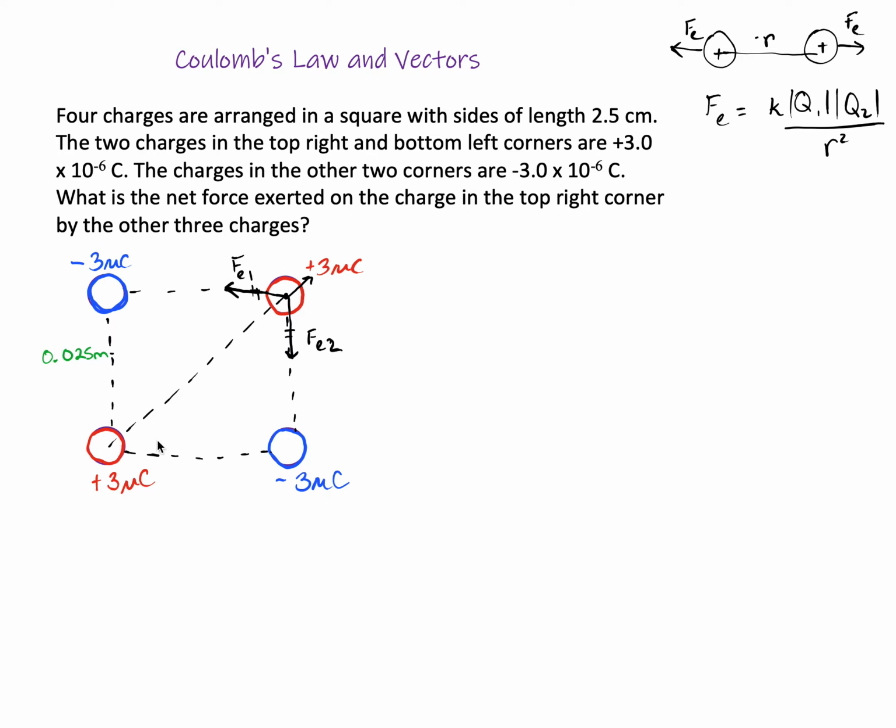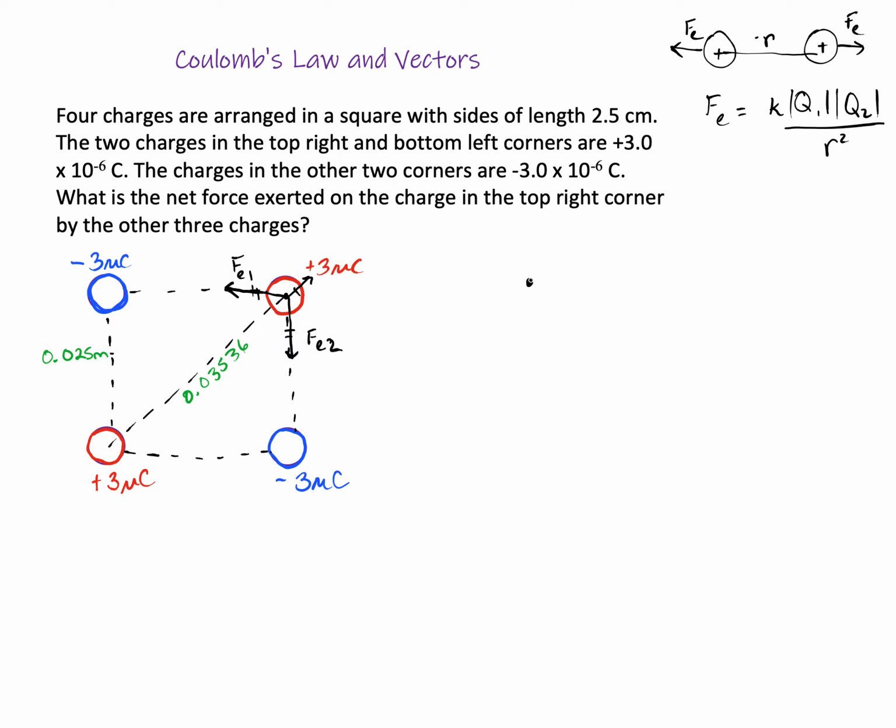And if you actually do the Pythagorean theorem here, 0.025 squared plus 0.025 squared, the square root of that, you get 0.03536. So it's a little bit further away, and so it doesn't have as much impact on the repulsion. So I'll put 1 hash mark, just to show that it's less, but it's not half, so just don't take that too literally.